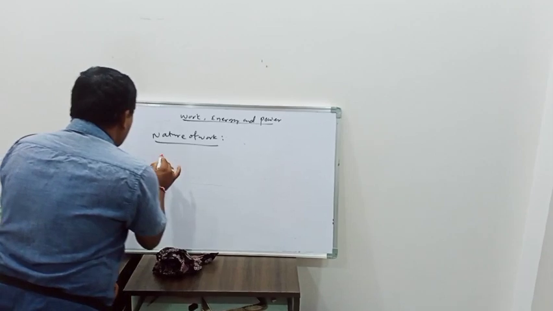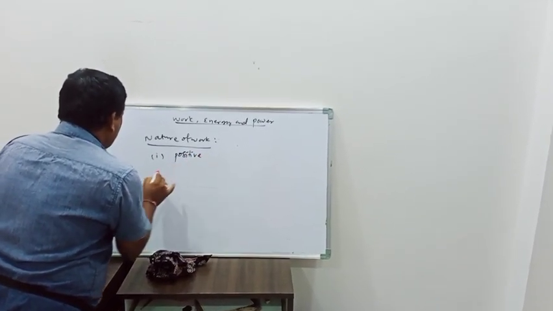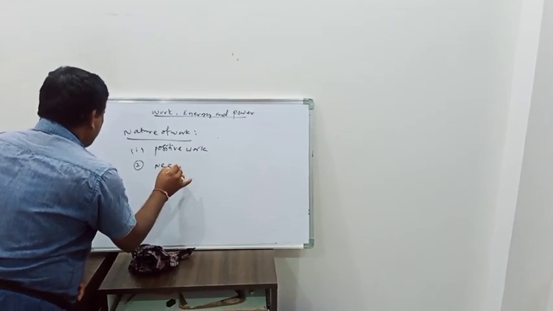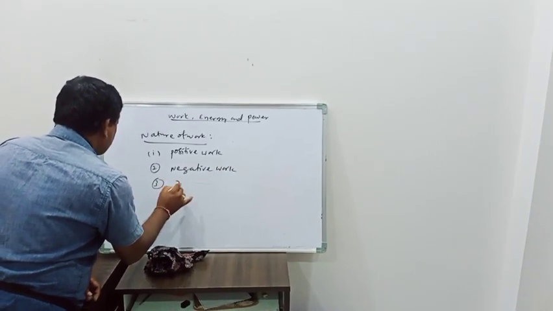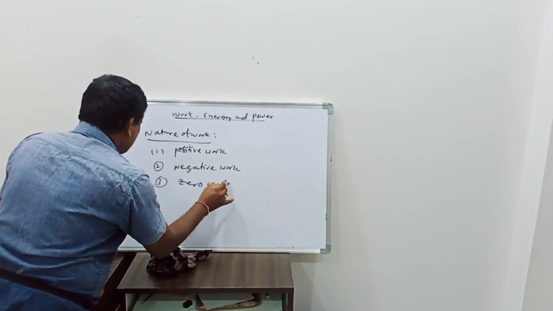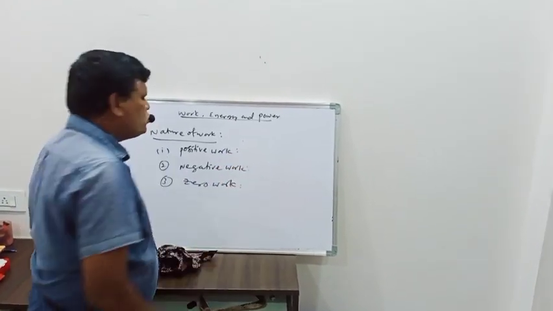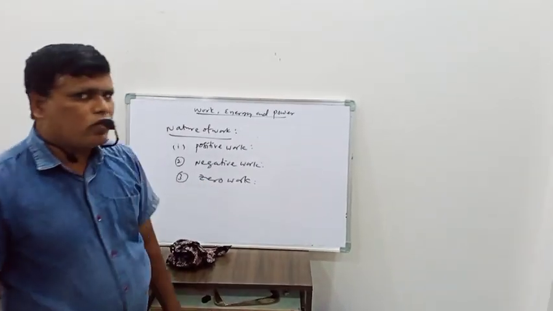One is positive work. Another is negative work. The third one is zero work. So how can you understand positive work, negative work and zero work?